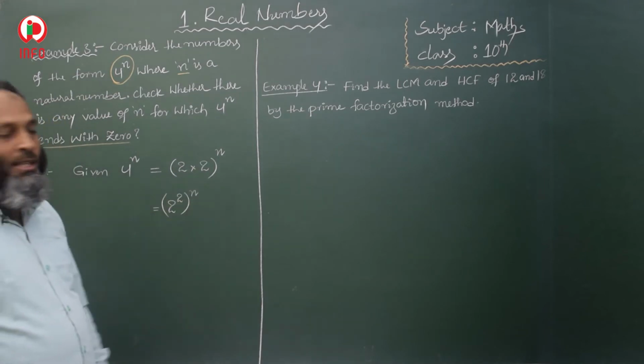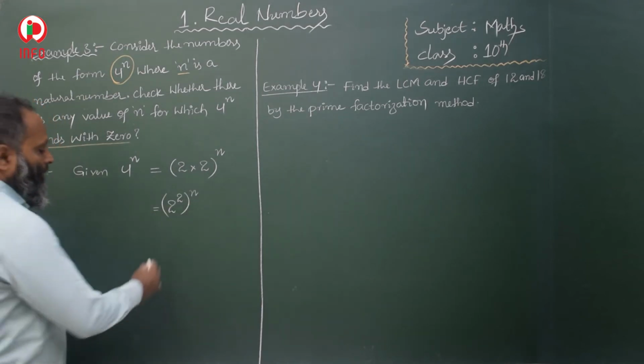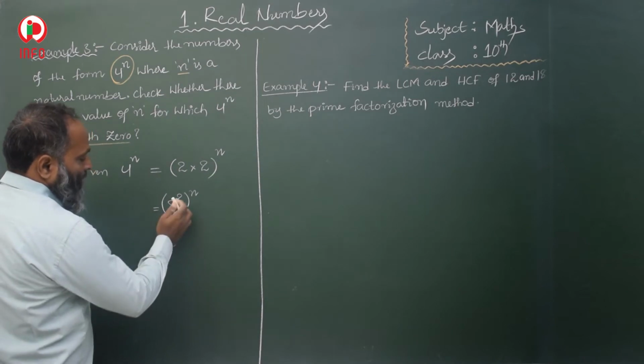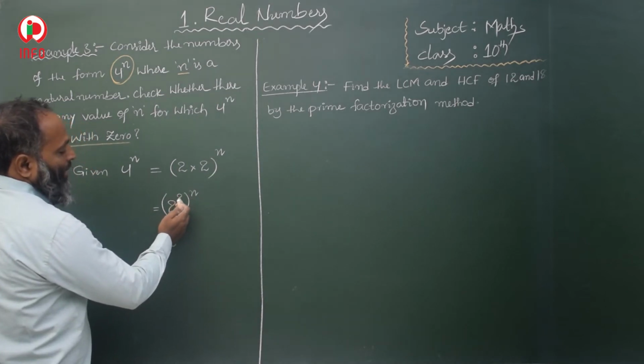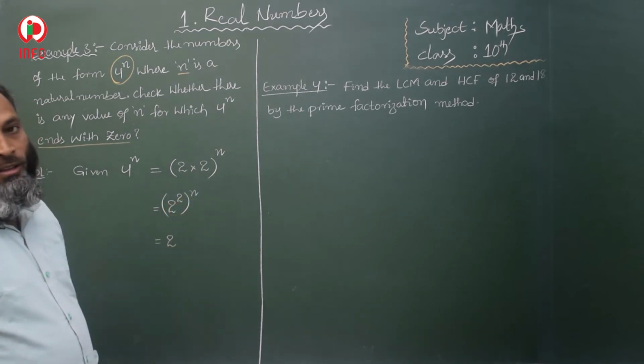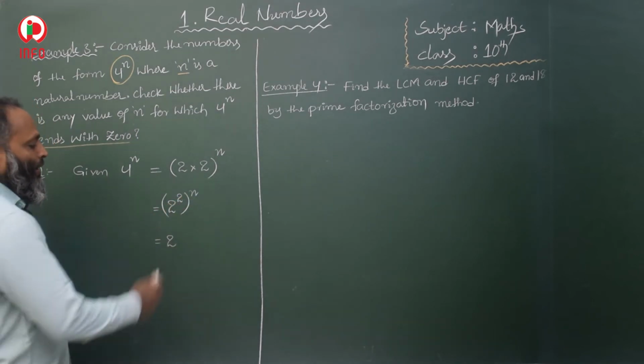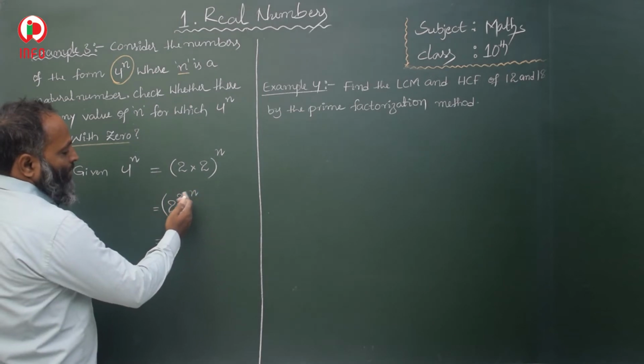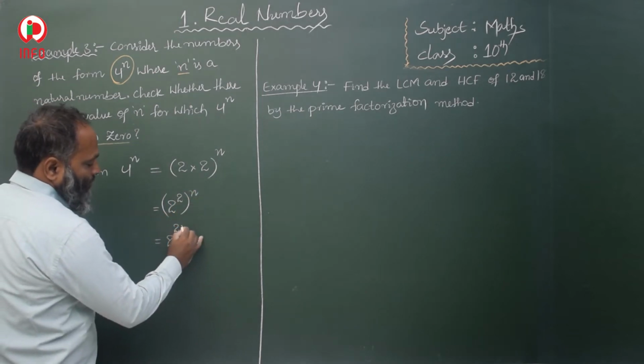For a power m whole power n, the formula is a power m into n. So 2 power 2 whole power n is 2 power 2n.